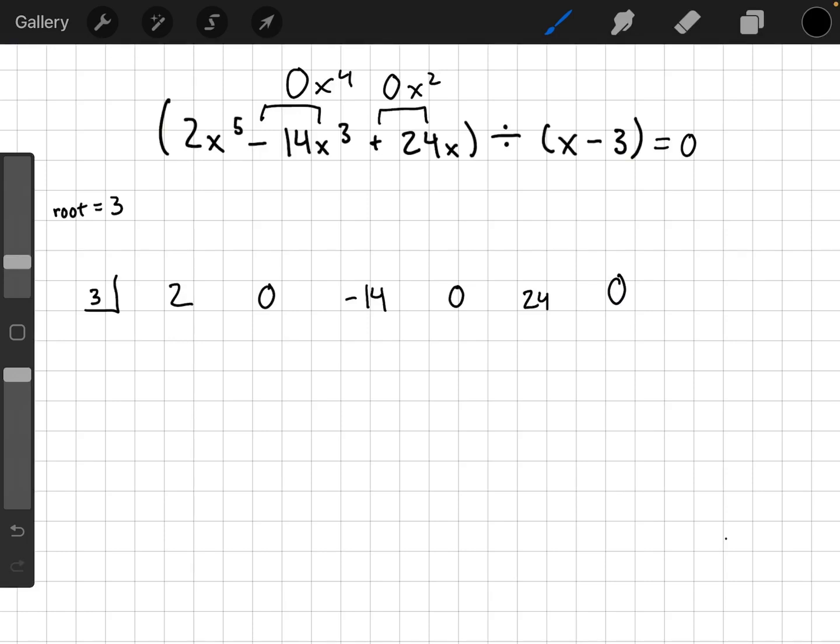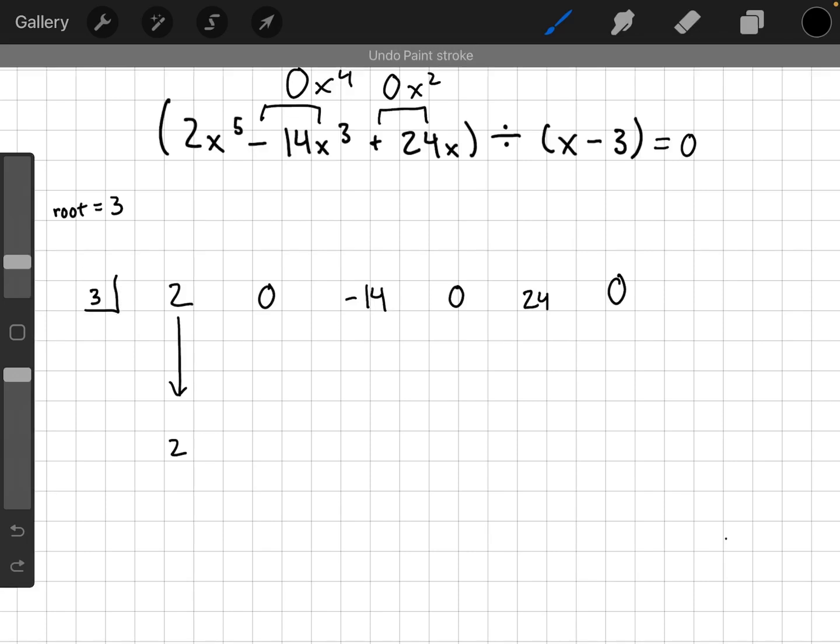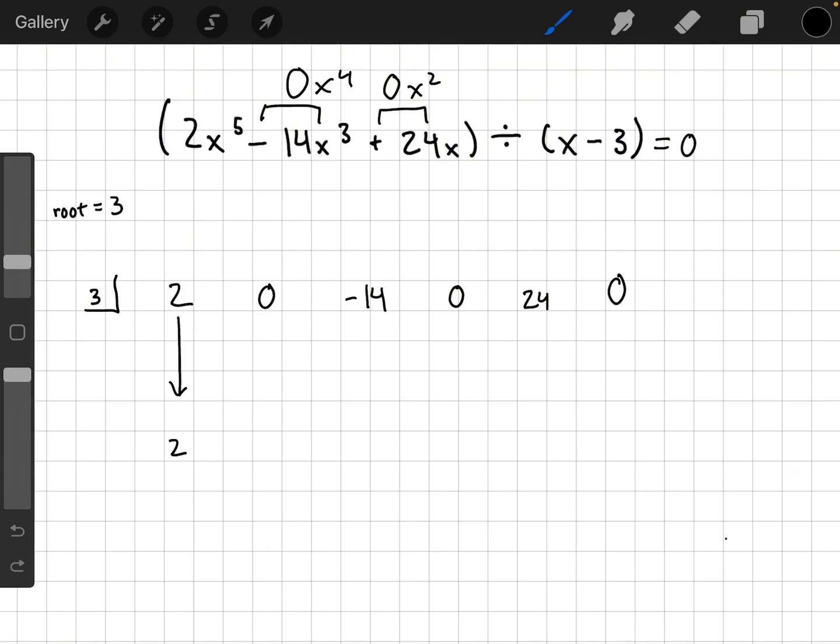Remember from the original setup, we'll bring this first term down here, so we have 2. Then we'll multiply this 2, the first term, by the root. So 2 times 3 is 6. 0 plus 6 is 6.